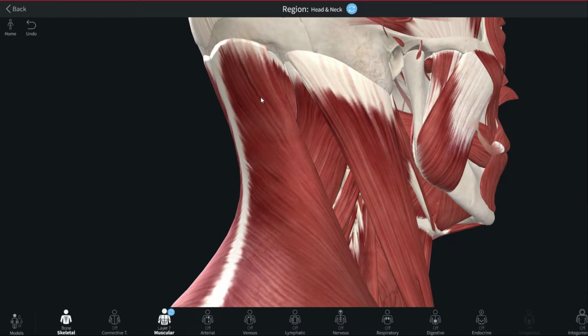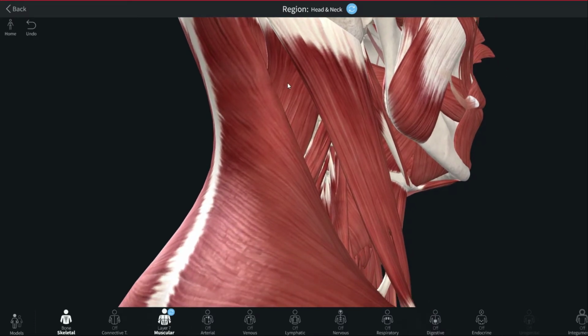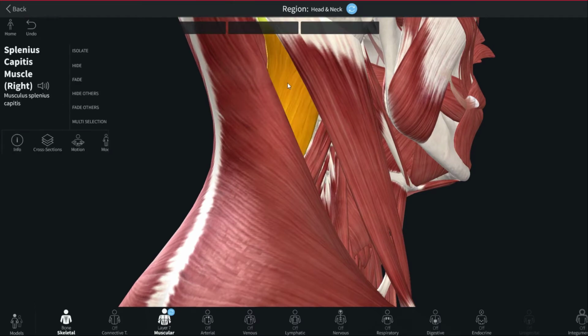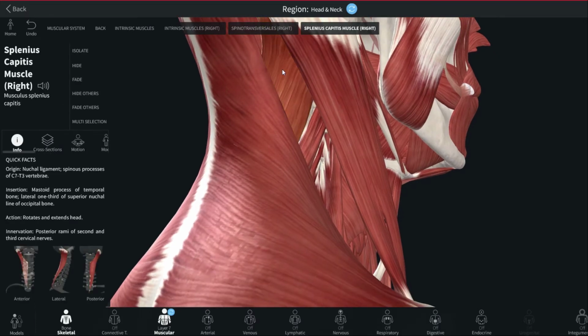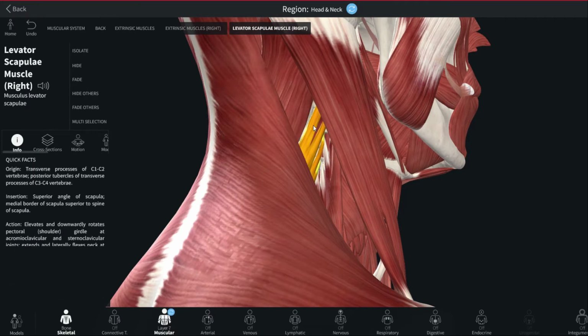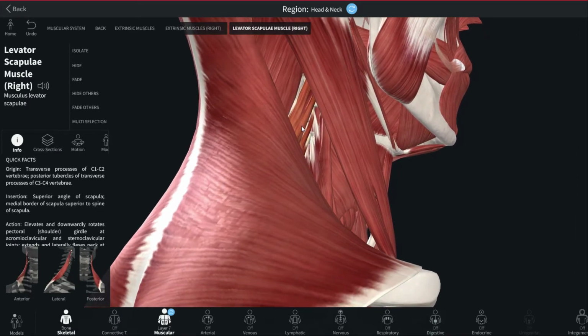I already had recorded it long time ago, never edited it out. So anyways, this is essentially semispinalis capitis, okay? This is splenius capitis, this entire thing, okay? Let's come below. Now, this is levator scapulae, the levator scapulae muscle, okay?